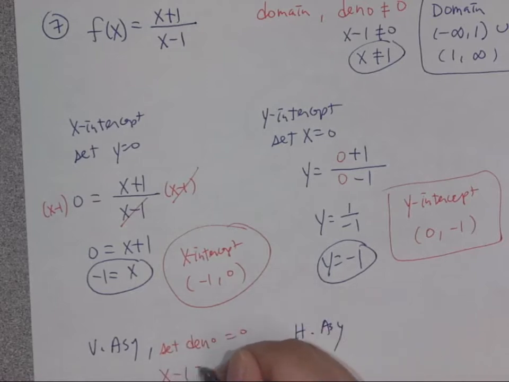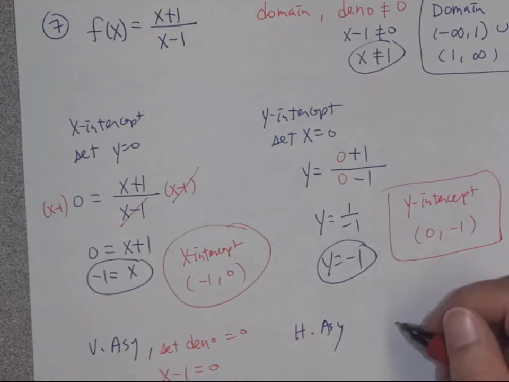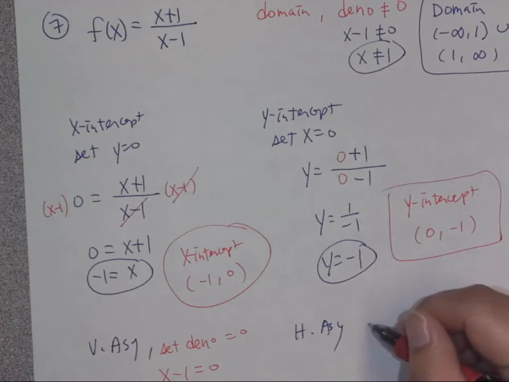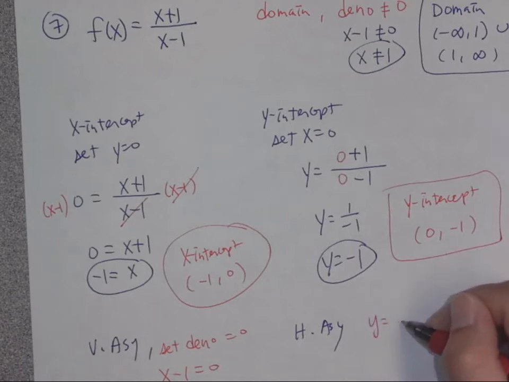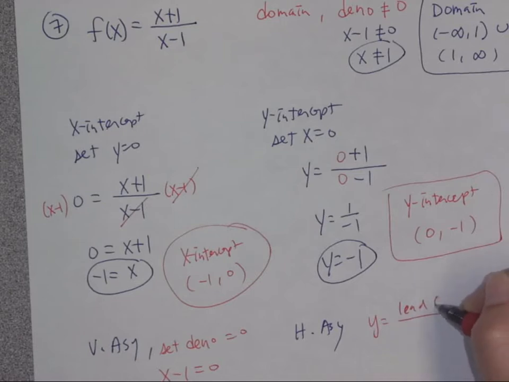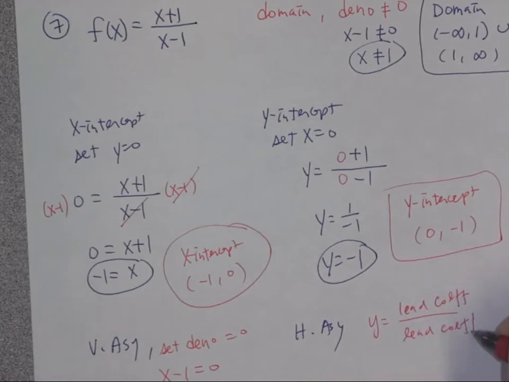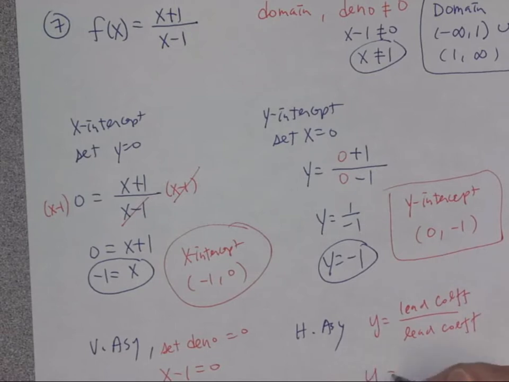So x minus 1 equals 0, x equals 1. So make sure you write x equals, because it's a vertical line. For the horizontal asymptote, we just need y equal to the leading coefficient on top over the leading coefficient at the bottom, right? So we have y equals 1x over 1x. So basically, the horizontal asymptote is just y equals 1.